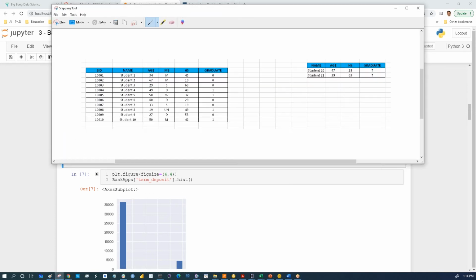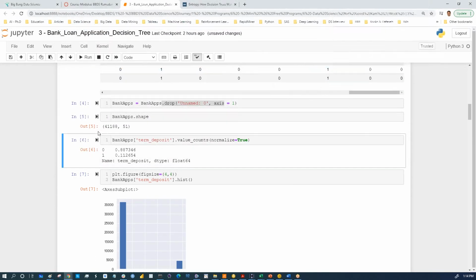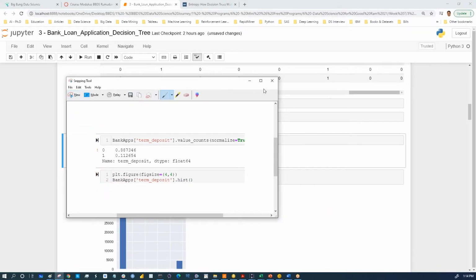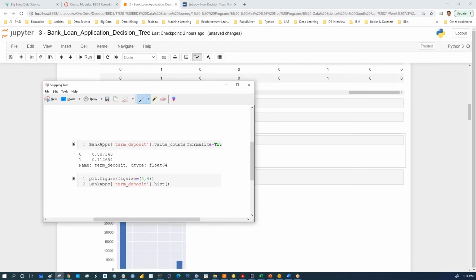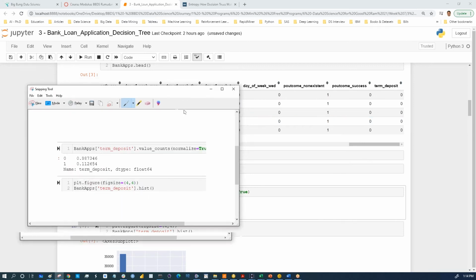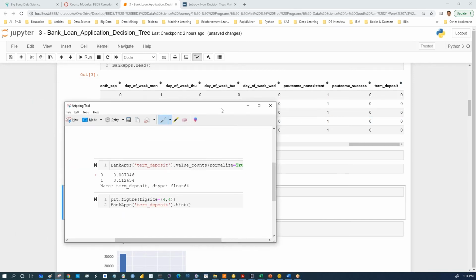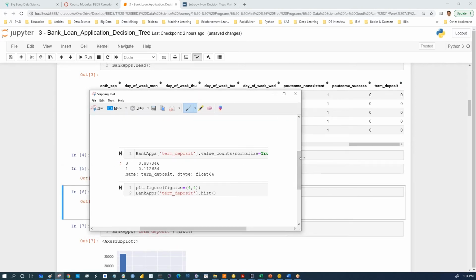If you were to guess, let's say that Jasmine, or Idris, just joined the business as a client. If we were to guess the probability of him purchasing a term deposit, what would our guess be using the historical data set? He will not purchase. It's going to be 88% zero. So that is guessing.